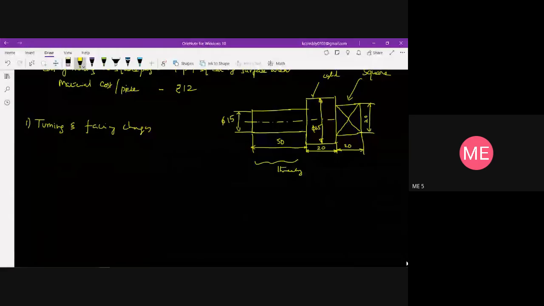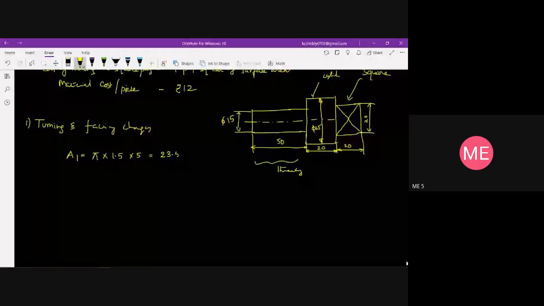So area 1 is pi into diameter, which is 1. All dimensions are in mm, so I'll convert into centimeters, that is 1 centimeter, then into 5. So together I'll be getting 23.56 centimeter square. This is the first area.